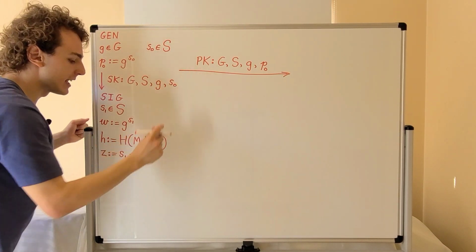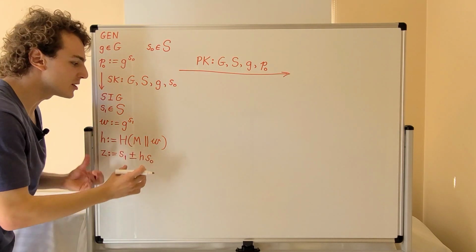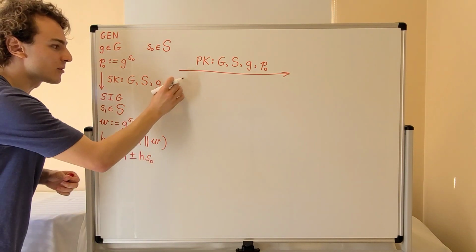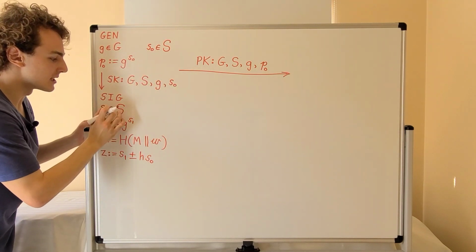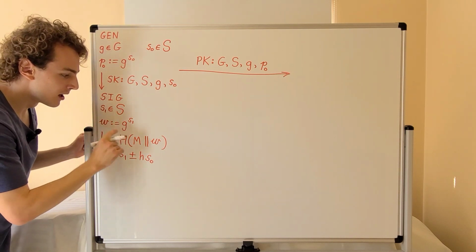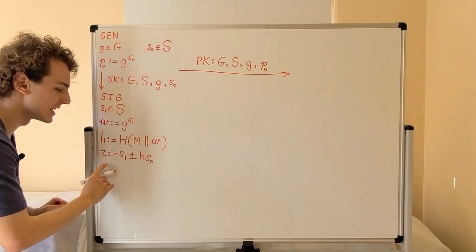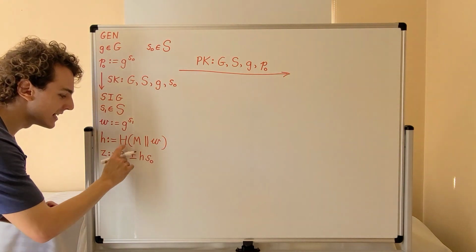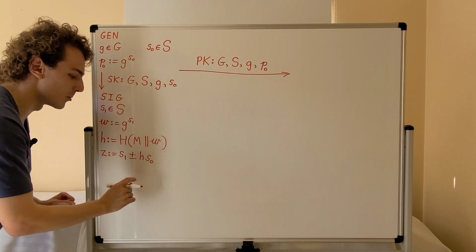And S0 is then being used to define Z. So we have two secret values that we're working with. One of those secret values came from the secret key, and another secret value was generated in the signing procedure. So S1 is used to define W, which is then used to define H, and then H makes its way over here into Z. So Z is this secret value S1 plus or minus H times S0.